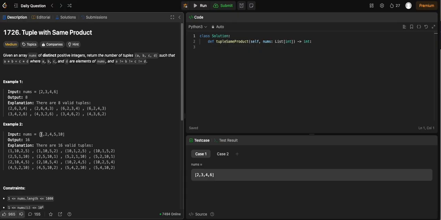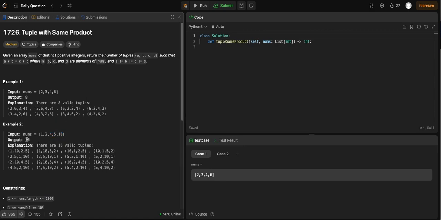Just look at the example case here. It does seem like here we get 2 different sets of possible 4 integers. So we have 1, 2, 5, 10. We can do 1, 10 and 2, 5. The other would be 2, 4, 5, 10. So 2, 10 and 4, 5.